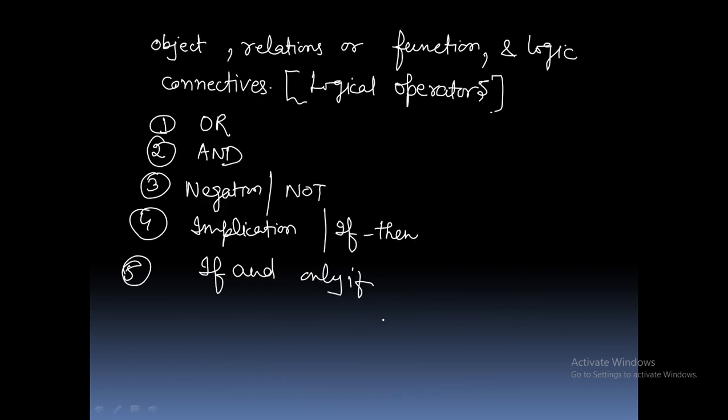Connectives are also known as logical operators. In propositional logic, we use 5 connectives. First is or, second and, third negation or not, fourth implication, if then, fifth is if and only if.